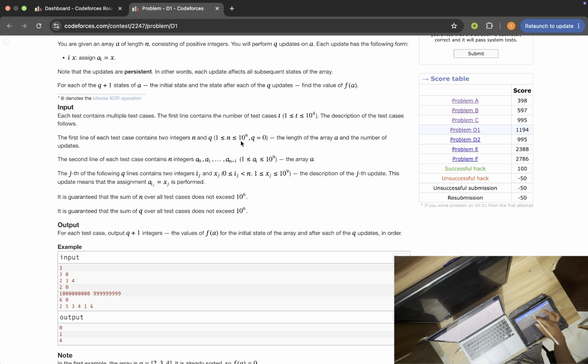For adjacent values, if I do XOR in the large scale, it's always not good.